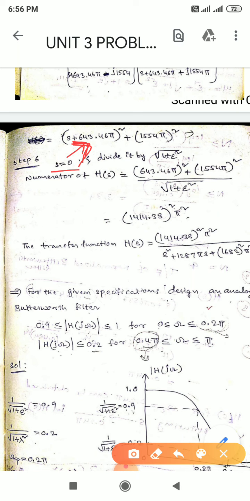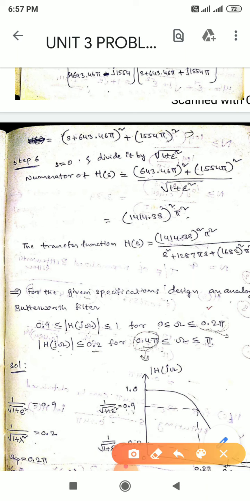It is divided by what? The square root of 1 plus epsilon square. This value is equal to what? The numerator of H of s. Already we know the epsilon value. We are substituting the epsilon value here and simplifying this equation, we get the numerator of H of s.